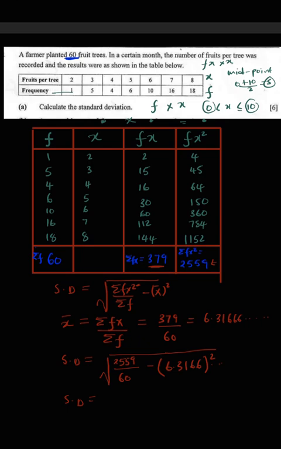So don't erase the answer that you got on the calculator. We can just put brackets and say 2559 divided by 60. We close the brackets, then minus. We open the brackets. The answer that you got, you can just put it, you can say minus 6.31666. You square it. But for me, I put the brackets and I say minus answer squared. Then I close the brackets. So what I'm going to have is something that looks like this.